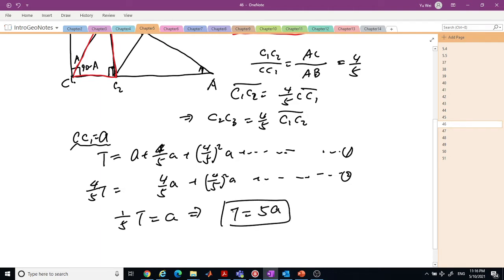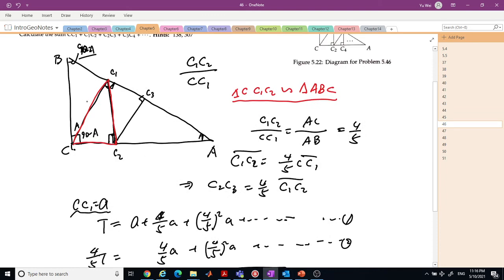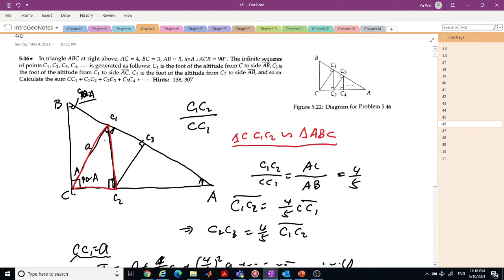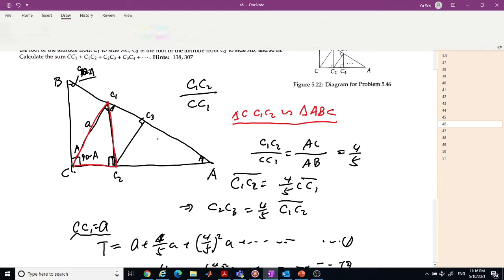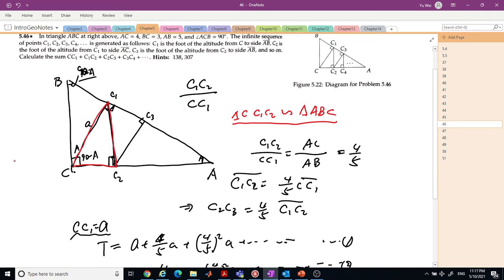So as long as we figure out what CC1 is, now we figure out everything, right? It's not difficult. Let me use another color to write. Triangle CC1A is similar to triangle, we know the size of ABC, so we want to use ABC.